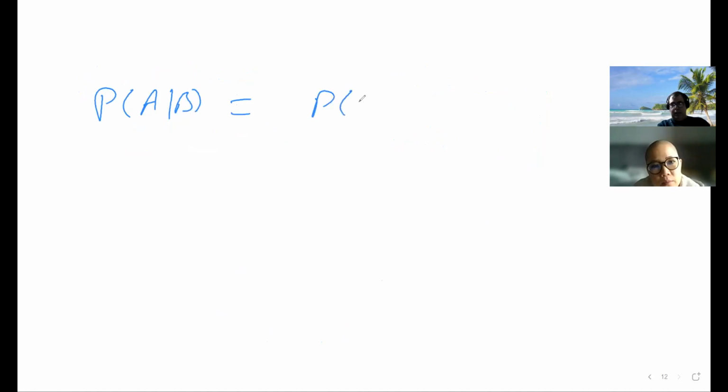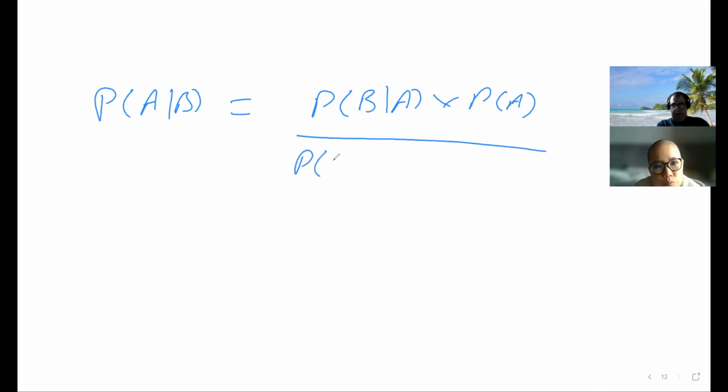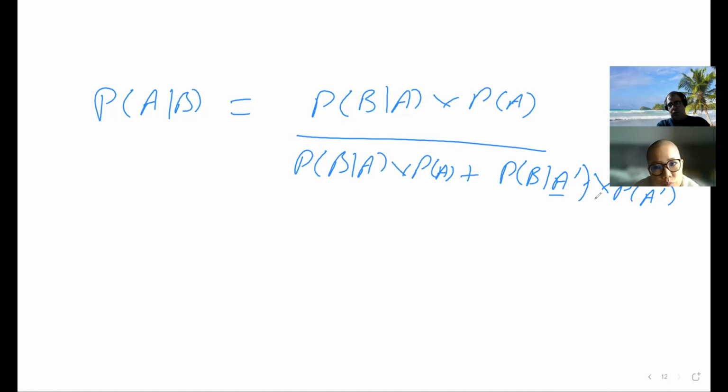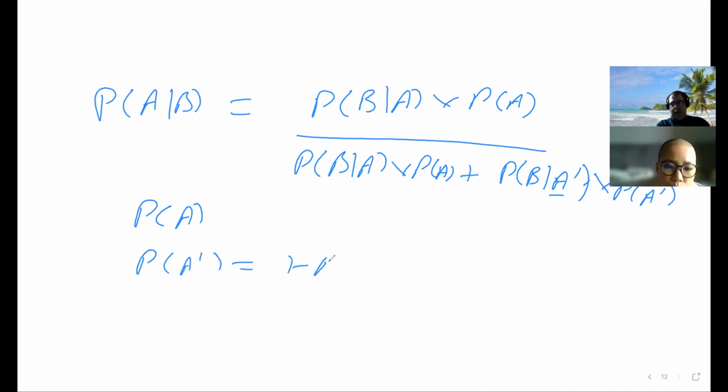Now, if I write Bayes theorem as a formula, we can write it directly like this: P(A|B) equals P(B|A) into P(A), divided by P(B|A) into P(A) plus P(B|A dash) into P(A dash), where A dash is basically the transpose. Transpose means that when event A is happening, the probability is P(A), and when it is not happening, will it not be 1 minus P(A)?